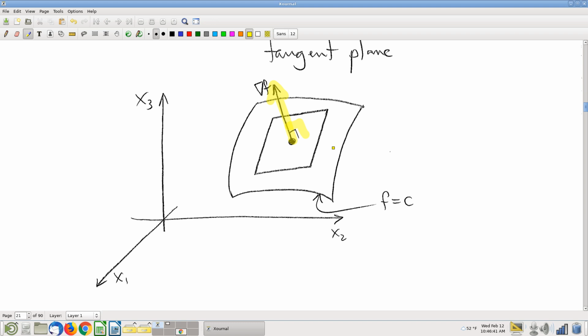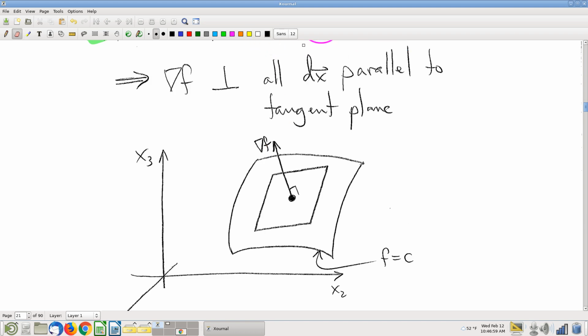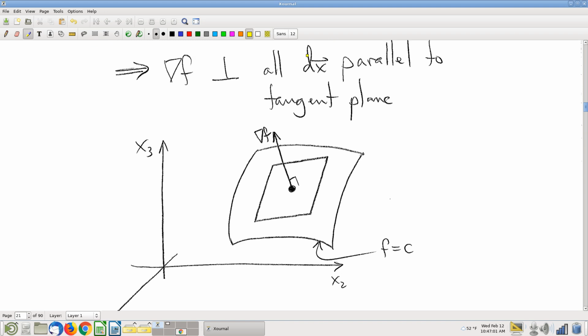By the way, a long time ago, I made the observation that we're going to see in this course various connections between different types of pictures with calculus. And so here is a pretty good one. This is an example of what I'll call the calculus of level sets. Right?